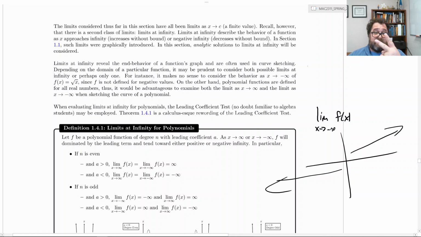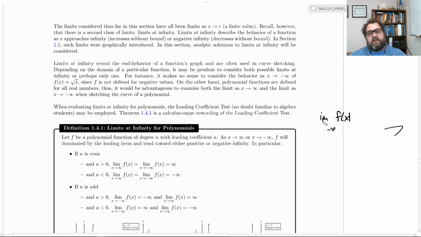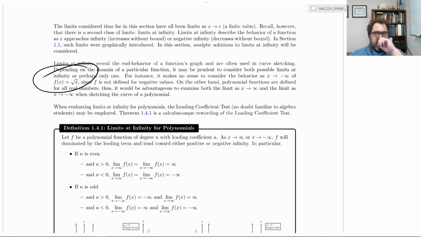There's just two of these limits, because there's two possibilities: you're approaching positive infinity or negative infinity. A lot of functions will have two of these limits to consider. Now, think about it: not every function should have both of these limits considered. Like I mentioned in the text, it makes no sense to talk about the limit as x approaches negative infinity of square root x, because that has domain positive numbers.